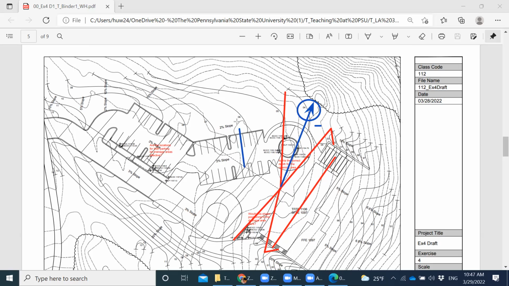If I change it like this, how much damage am I doing? There's a 3% slope over here all the way down. I'm fine with that 3% slope. 12.